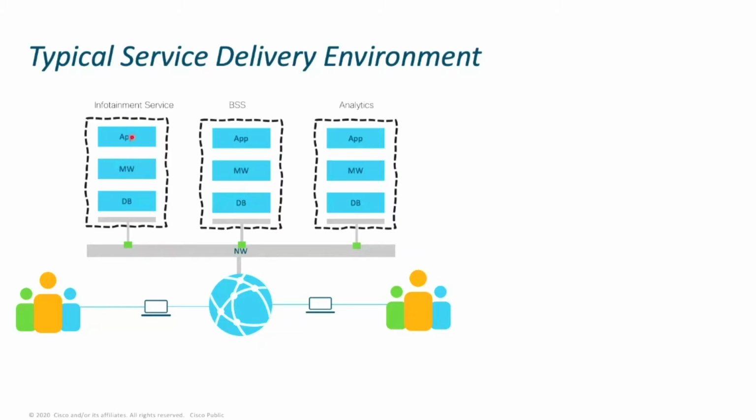Each service in turn will have different layers within it, like an application layer, a middleware layer, or a database layer, and also the network as a service so that it can talk to the other services to get what they want. Similarly, the other services also will have their own set of layers, which will in turn provide the responses that are required by the other services.